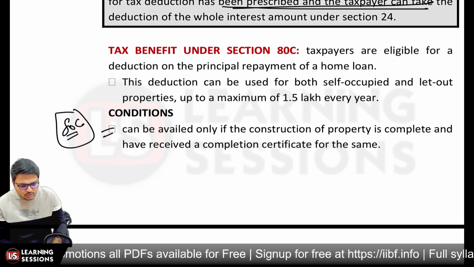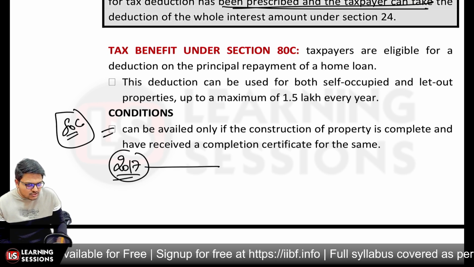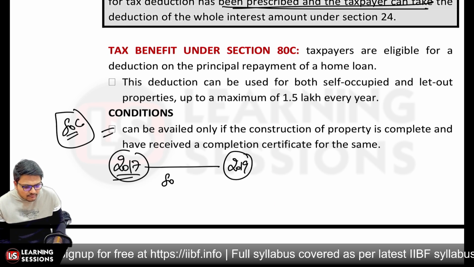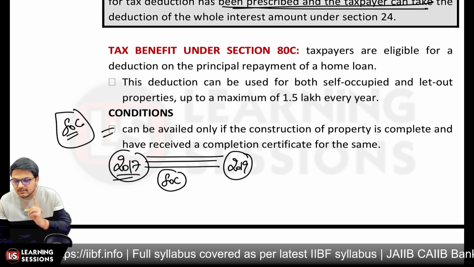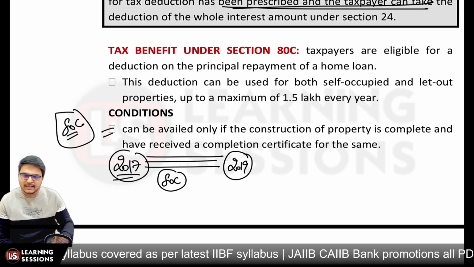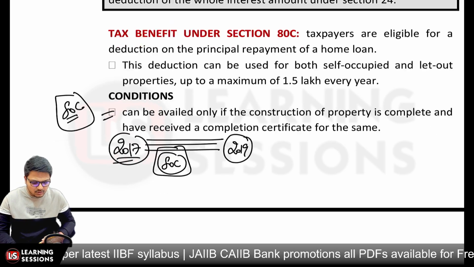Let's say you took the loan in 2017 and your construction was never completed up to 2019. You cannot take the benefit of 80C for these years because the construction was not completed. The certificate of completion has to be obtained, and only after that the benefit of 80C can be obtained, only after the completion. Okay, not before that.